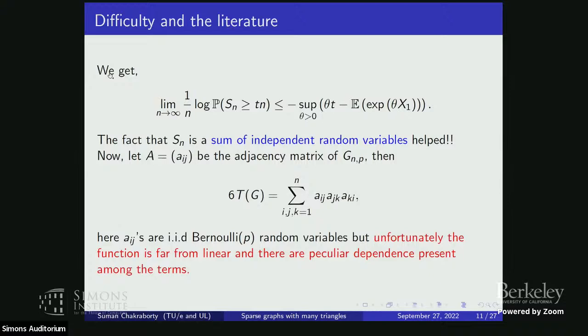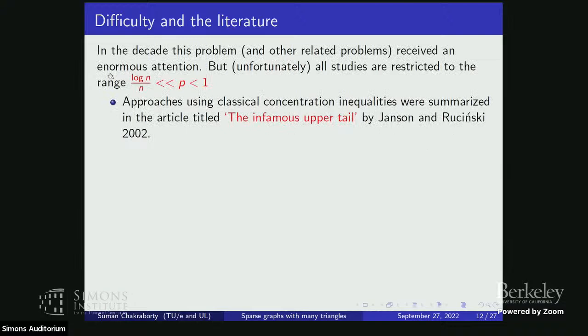And then what is the state of the art? We are not the first ones seeing this problem. The problem has been investigated for 20-25 years, and the last decade has seen enormous improvement, but all in the range where p is between log n over n and 1.